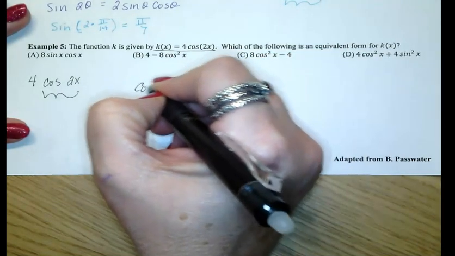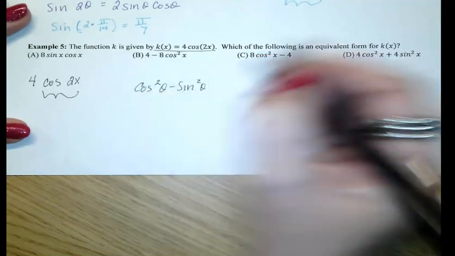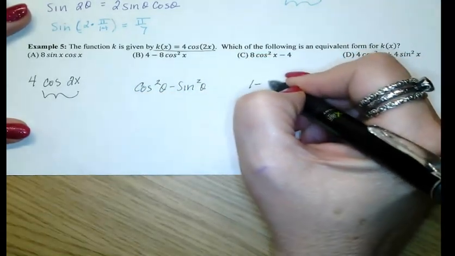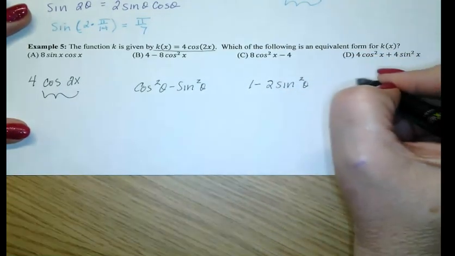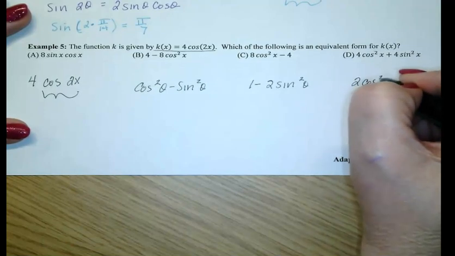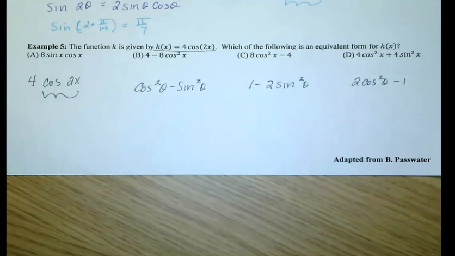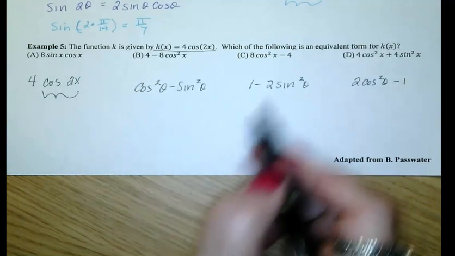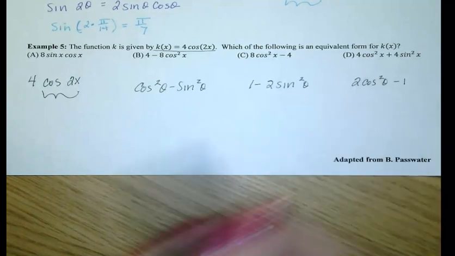So I'm going to do cosine squared theta minus sine squared theta. I'm going to look at 1 minus 2 sine squared theta. And I'm going to look at 2 cosine squared theta minus 1. And so using what you know about double angles, I want you to work through these 3 statements and figure out which of these up here is going to be equivalent.